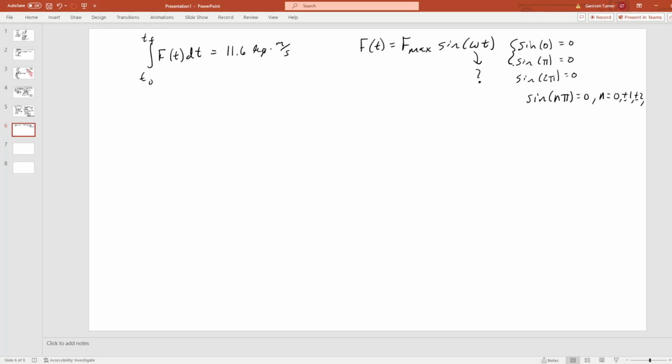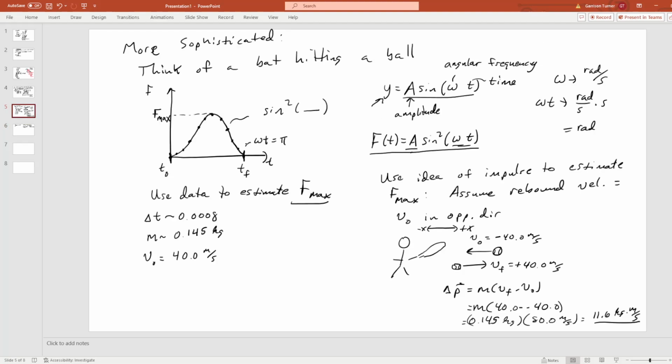My first 0 is when omega t equals 0, and my second one comes from when omega t equals pi. Okay? So what that means is omega t has to equal pi. And so at that point, I know what my time interval is.